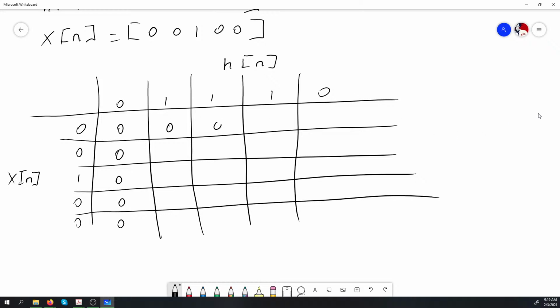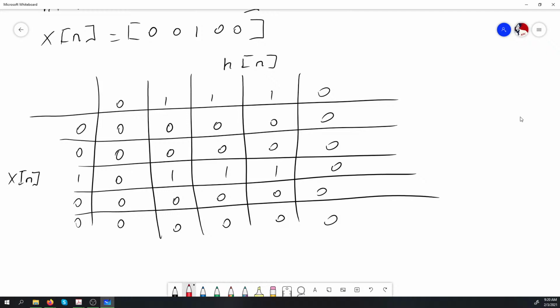So this is going to be 0, 0, 0, 0. This is also going to be zeros. This one here, 1 by 0 is 0, 1 by 1 is 1, 1 by 1 is 1, 1 by 1 is 1, so forth: 0, 1, 1, 1, 0. This last row is all zeros. So we have our convolution table with all our calculated values.